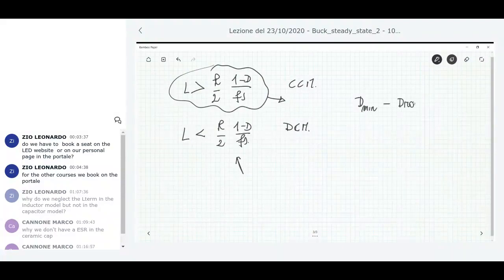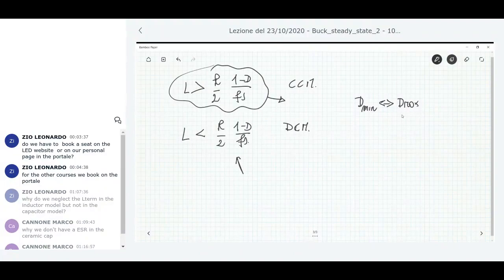So your duty cycle in a practical converter is not a single value called D. Always this value has a range within which it can change, for example between the minimum and the maximum.